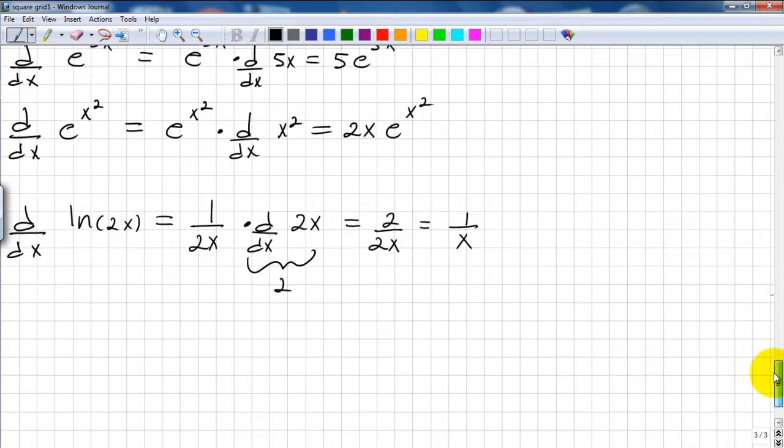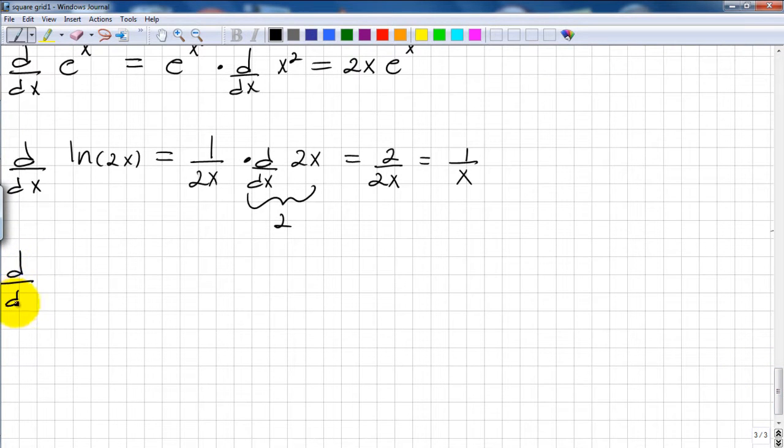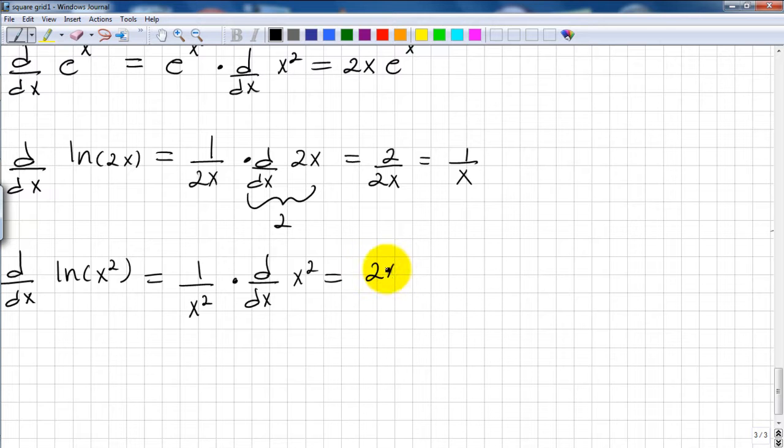And lastly, the derivative of ln of x squared. So the derivative of the outside times the derivative of the inside, since this is 2x. So that is my answer.